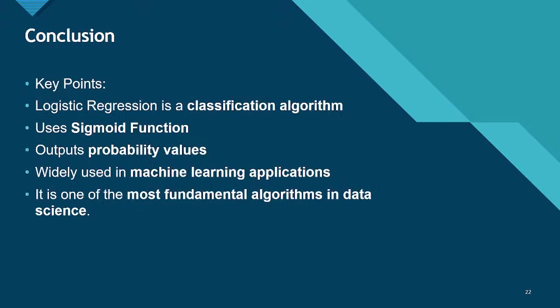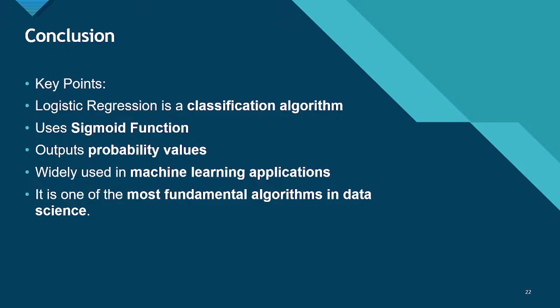The last one is the conclusion. We will see in this seminar what the conclusion is. The key points: logistic regression is a classification algorithm, primarily used for classification problems. We use the sigmoid function: a linear combination of features, then apply the sigmoid function.